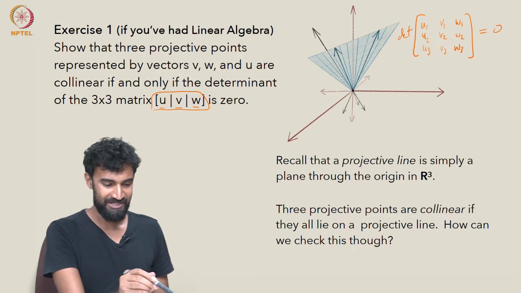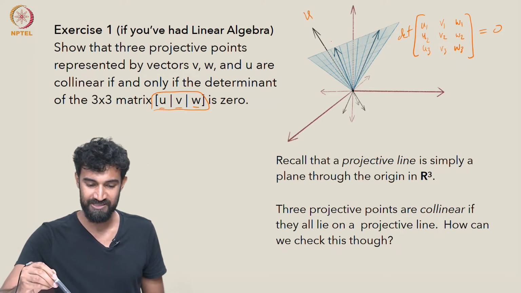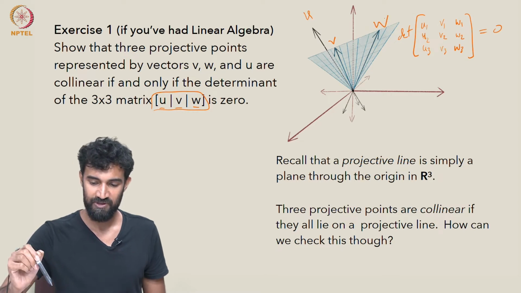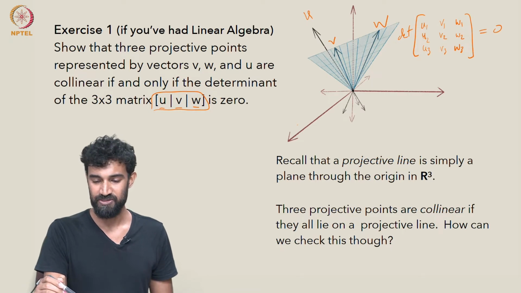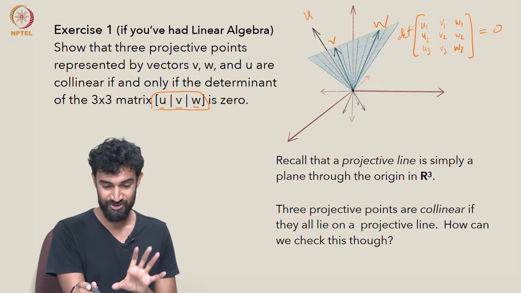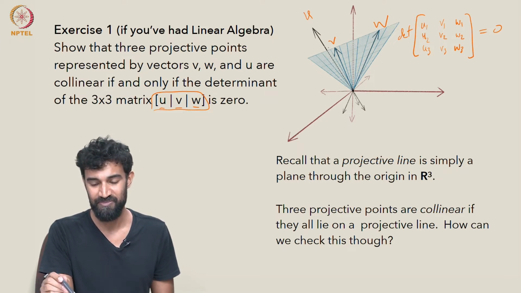So, for example, in this picture here, if we say that this is U, this is V, and this is W, well, the way I've drawn it, these are not collinear. So if this statement is true, the determinant of this matrix for these guys should not be 0, because they're not collinear.